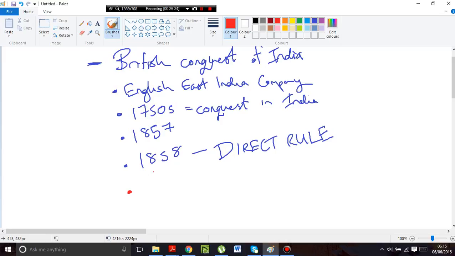So there was an elite Indian civil service that was staffed almost exclusively by the English, and Indians served in low-level bureaucratic positions, but British officials formulated all domestic and foreign policy in India. So British rule transformed India.